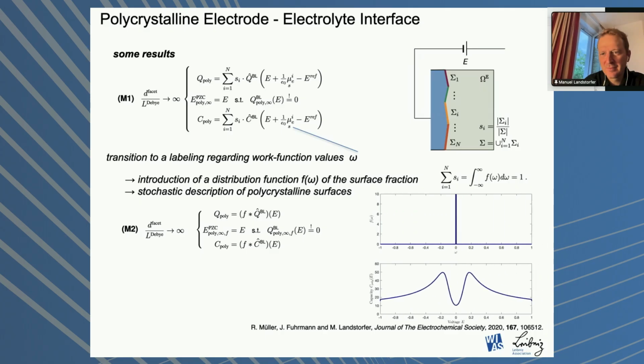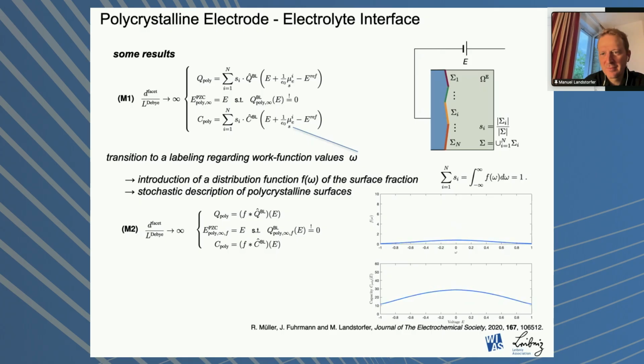And here is now an example. So on the top right, you see this distribution function starting from a delta peak, and it's getting broader over the parameter study I will show you. Once this distribution function broadens, you can also see how the differential capacity of the polycrystalline surface smears out to become just this hump and become even more and more flat.